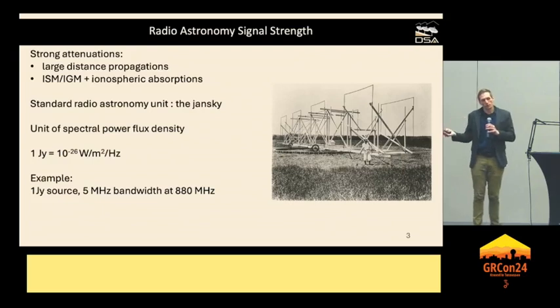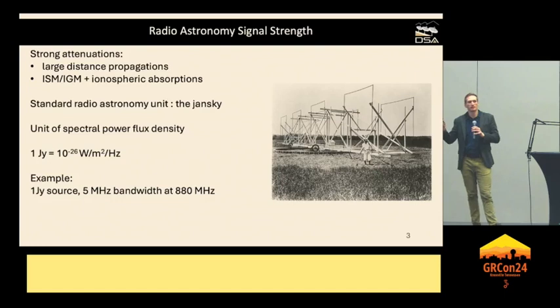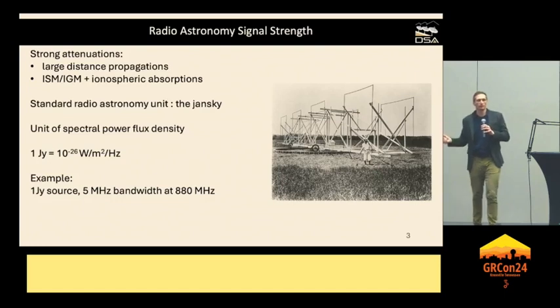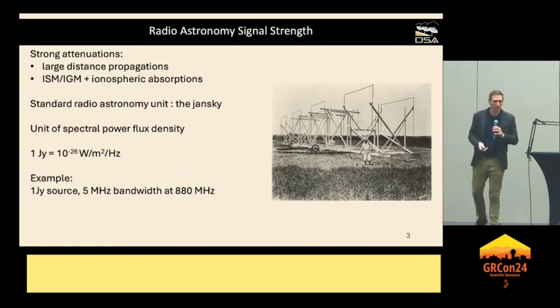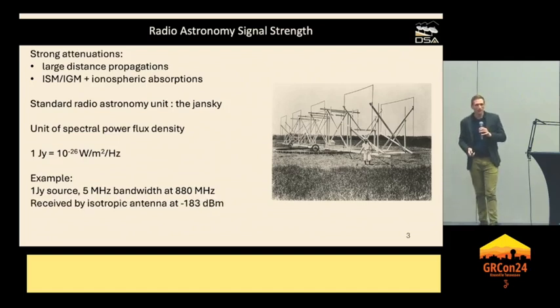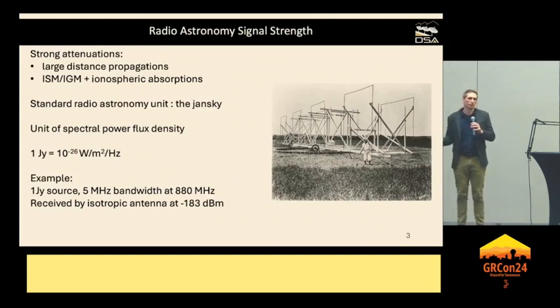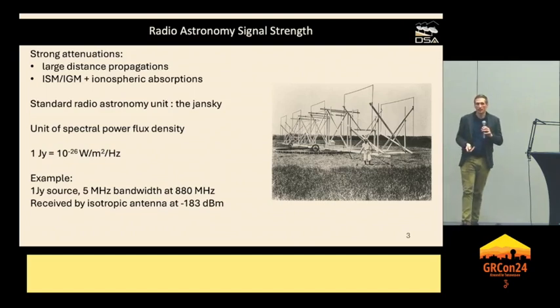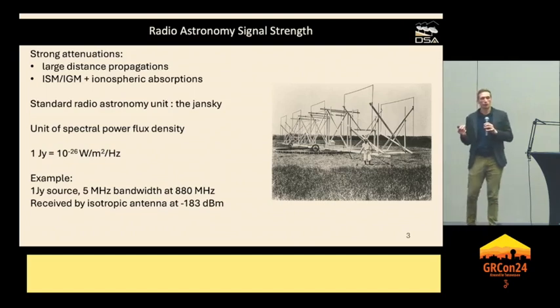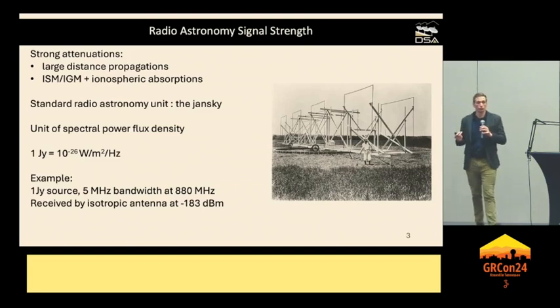So if we're observing this 1 Jansky source with a 5 megahertz bandwidth and at an 880 megahertz frequency, then the signal that we would effectively see, assuming that the antenna is isotropic, would be of the order of minus 183 dBm. That's how much power that 1 Jansky source would produce at the output of our antenna.